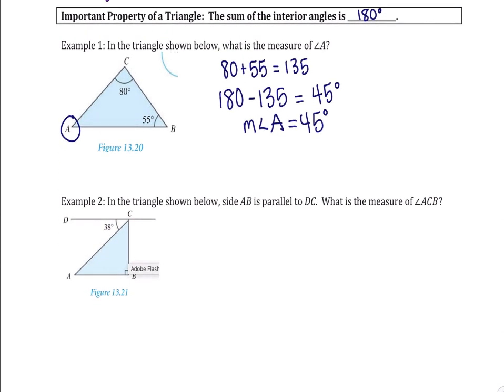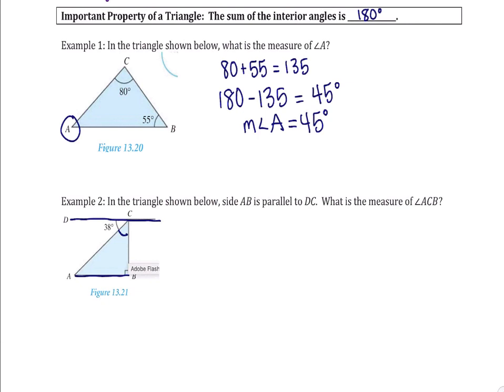Now in example 2, we have this figure where side AB is parallel to DC. So we have this line and this line parallel, and we want to know the measure of ACB. So we want this little angle right here. So what do we know?